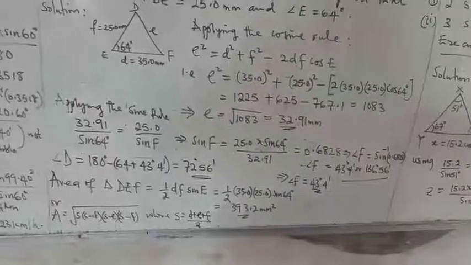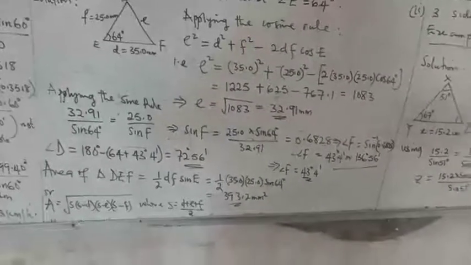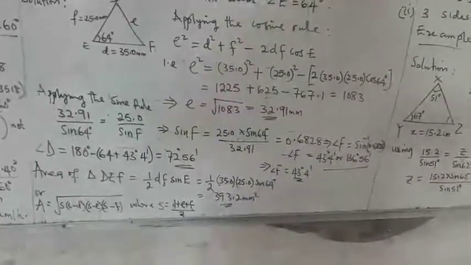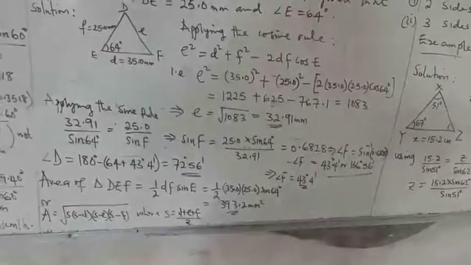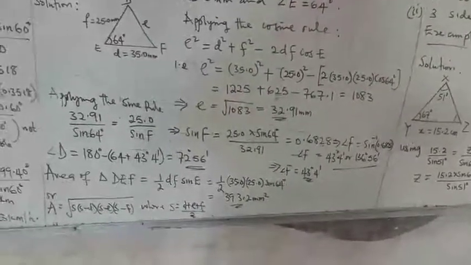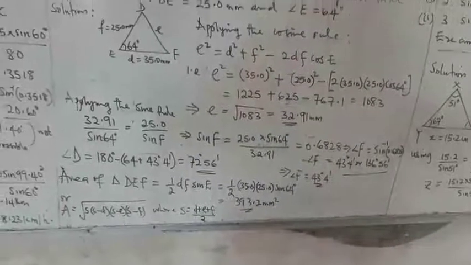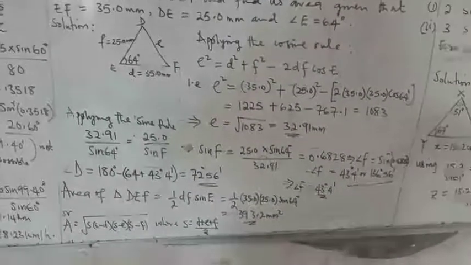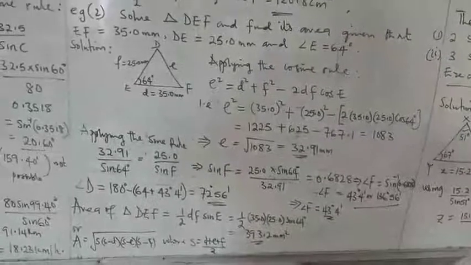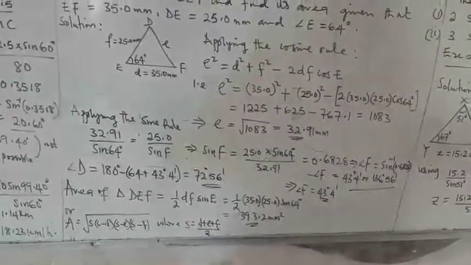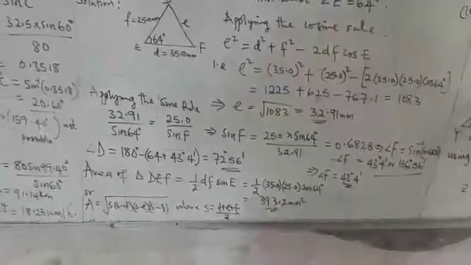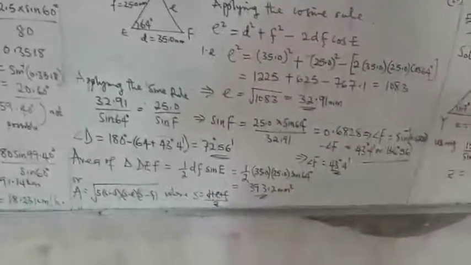Now the angle could also be in the second quadrant, that is 180 minus 43 degrees 4 minutes, which is 136 degrees 56 minutes. But we cannot use 136 degrees 56 minutes, the reason being that if you add it to 64 degrees, it will be more than 180. So we'll pick 43 degrees 4 minutes as our answer. Angle F is 43 degrees 4 minutes.